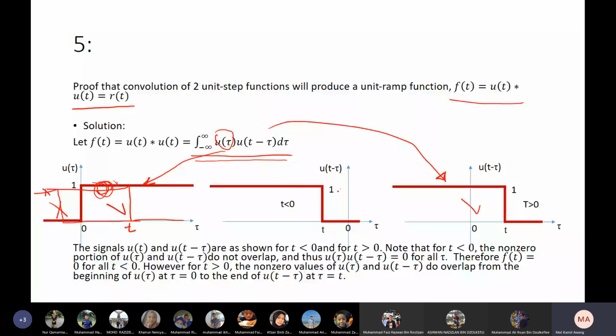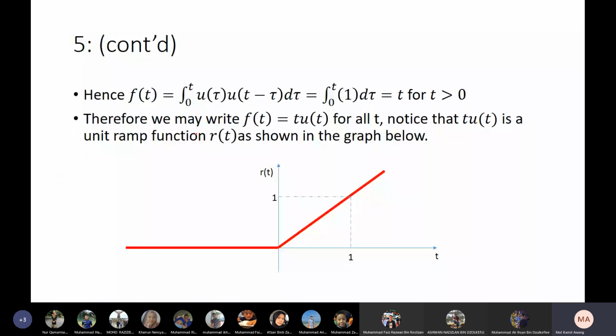Therefore, you have the equation like this: u of tau times u of t minus tau d tau, with integration from 0 to t, because the overlapping part is from 0 onward. From here, this is your integration from 0 to t of 1 d tau, which is equal to t for all t greater than 0.